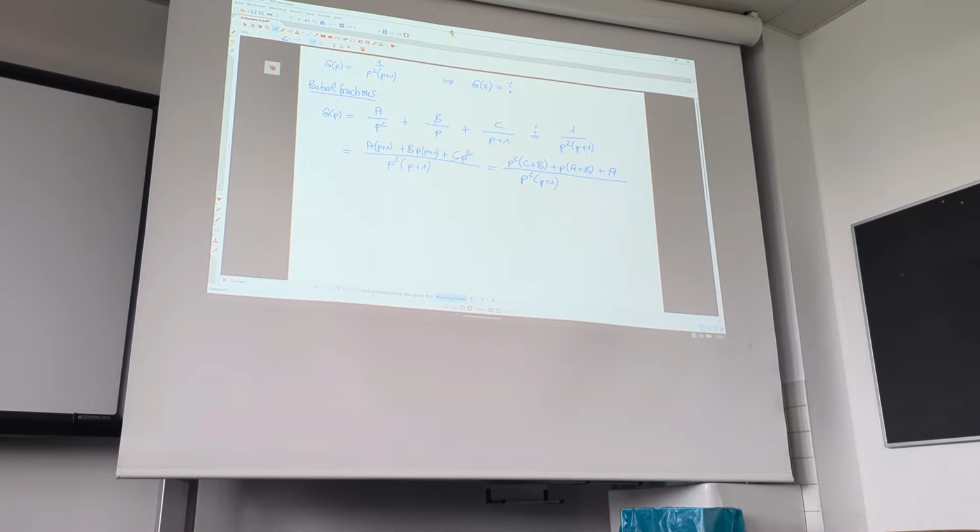So now we see that we have the same denominator, and we have a polynomial of second order in the numerator, which we know has to be equal to 1. So what are the 3 equations that we can derive from this situation now? Because we need 3 equations in order to find the 3 coefficients a, b, and c.